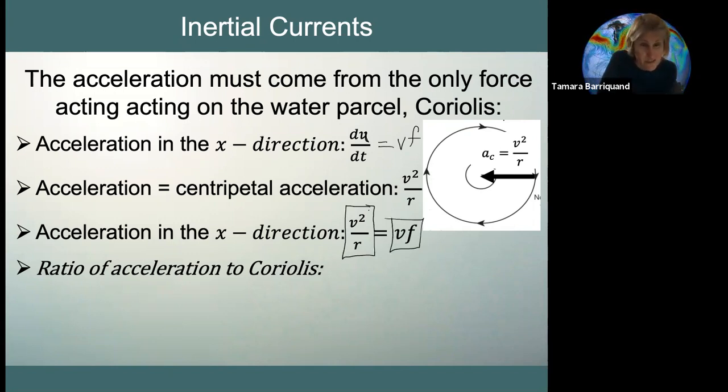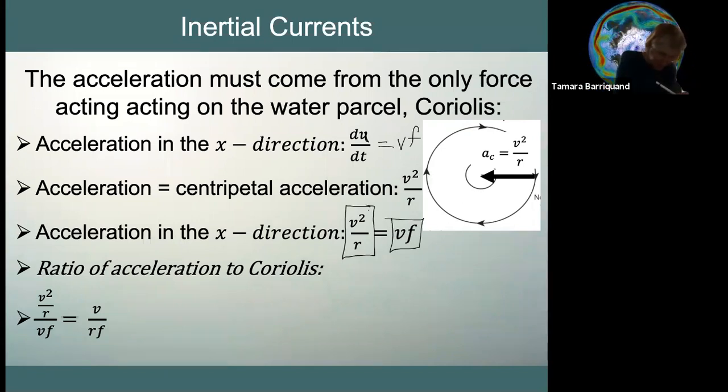So we're going to ratio those. I'm going to put that one on top of the other. So I put v squared over r over v times f. And now I see that I can cancel one of my v's. So I'll have just one v, and this r will now be in the denominator. So I end up with v over rf.